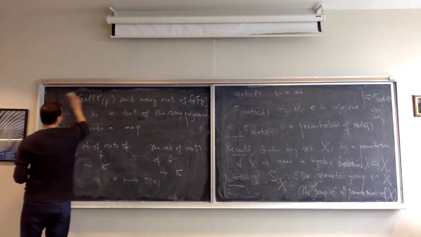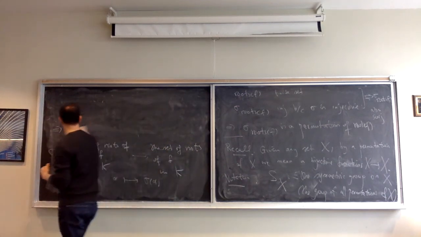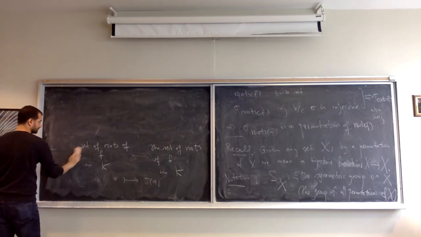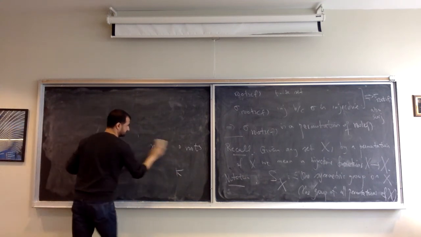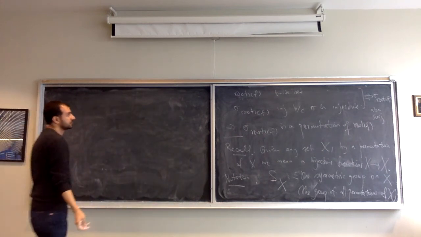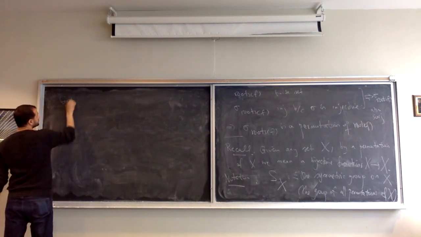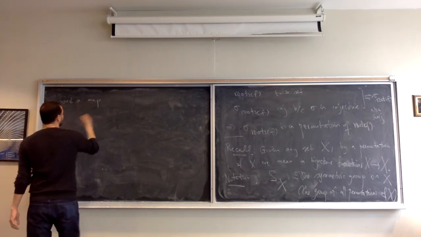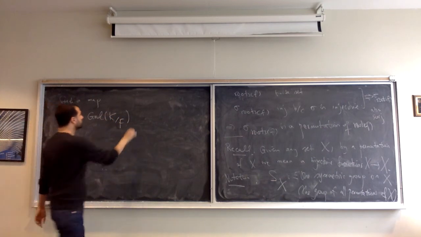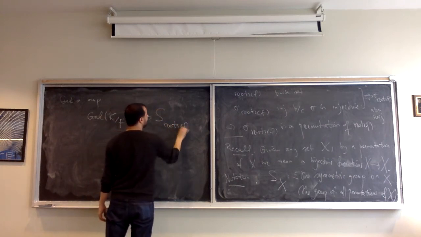And now, the polynomial f being fixed, with coefficients in F, you get a map from the Galois group of K over F to the symmetric group on the set of roots of f.